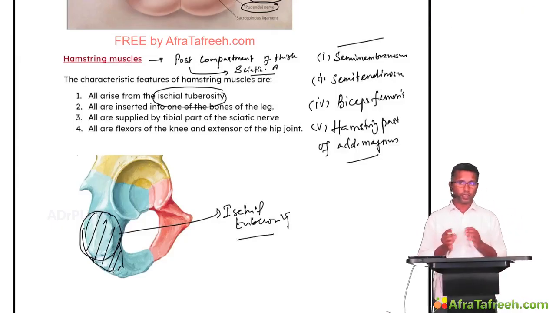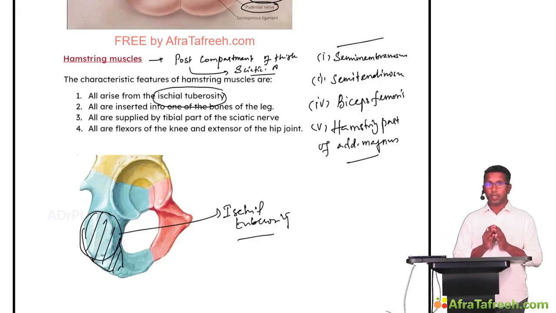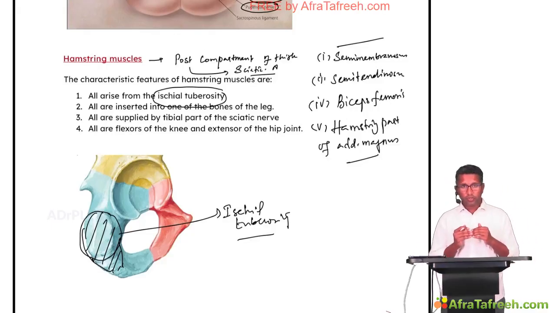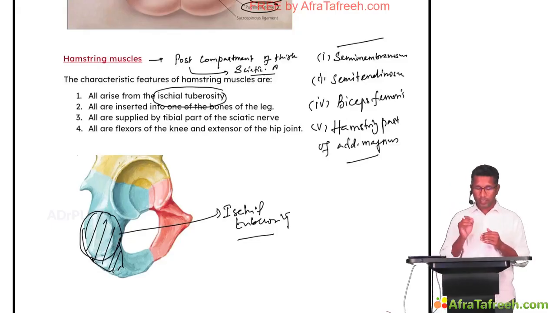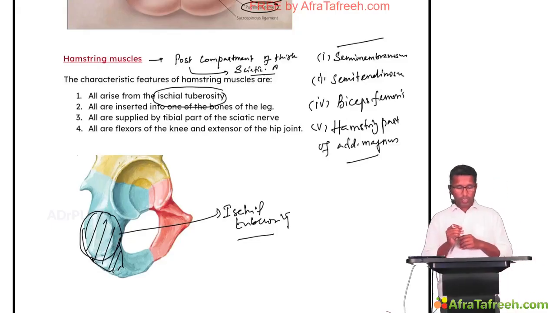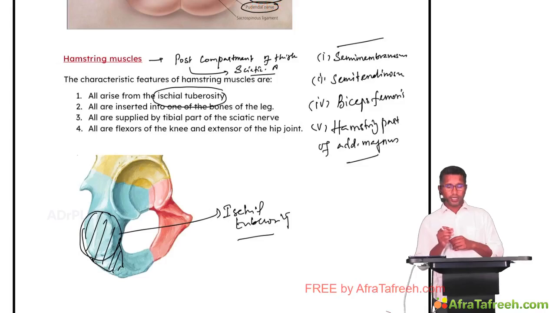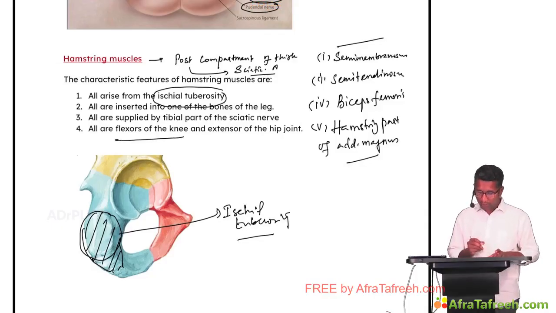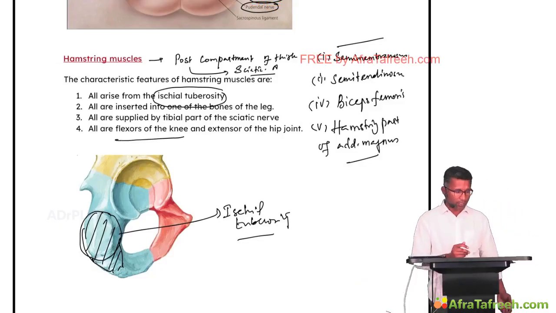And all these muscles are inserted into one of the bones of the leg. They don't get inserted into the thigh bone, the femur. They cross the knee joint and get inserted into one of the bones of the leg. So they act on the knee joint and cause flexion of the knee. Since they are on the posterior aspect, when they contract they cause flexion of the knee.